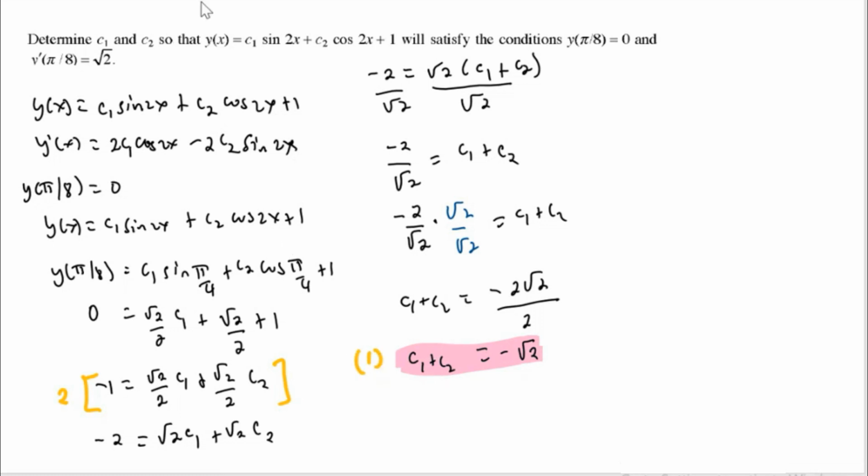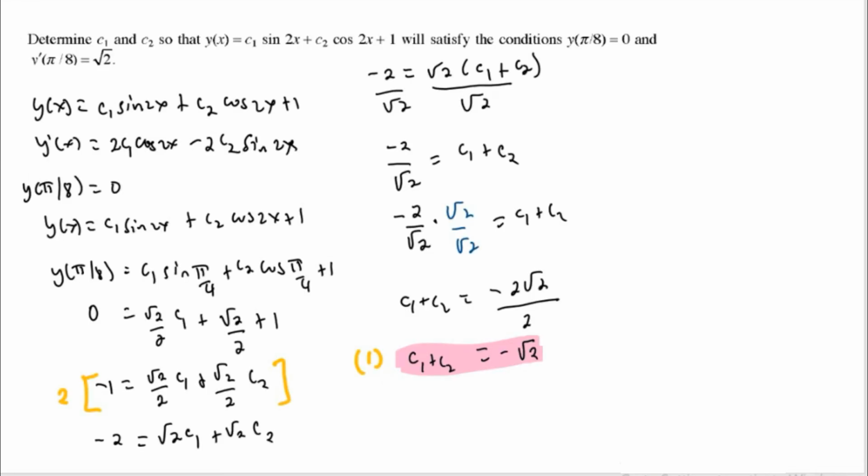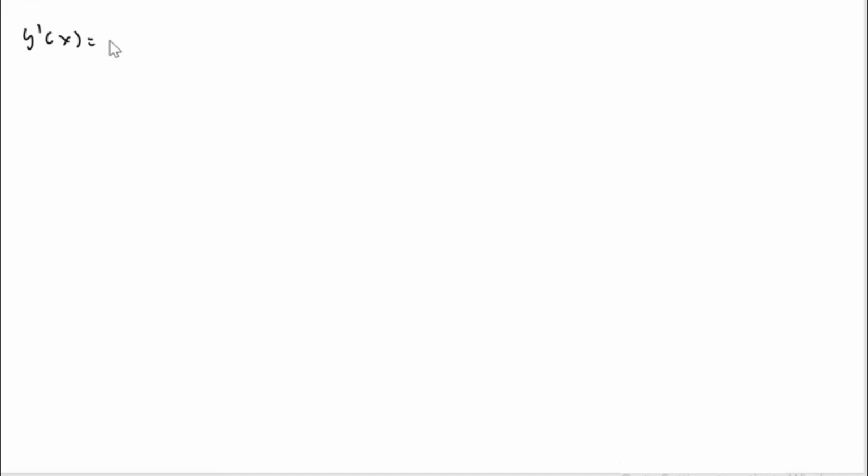Now to solve for the second equation, I will use the other slide. So using y prime of x, we have 2c sub 1 of cosine 2x minus 2c sub 2 of sine 2x.